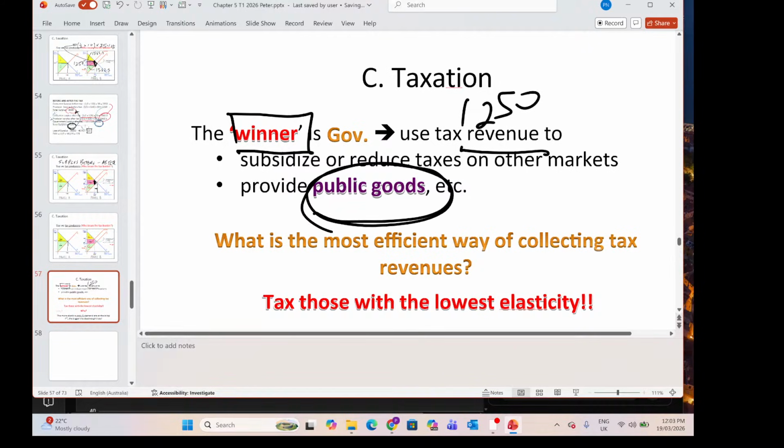Well, theoretically, they're going to provide public goods like roads or schools or something like that. That's the intention of charging the tax.